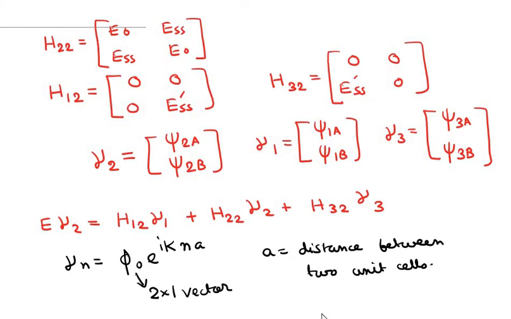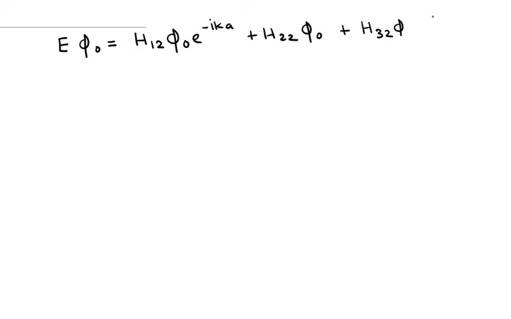So E phi 0 is equal to h1 to phi 0 e to the power minus i k a plus h2 to phi 0 plus h3 to phi 0 e to the power i k a.